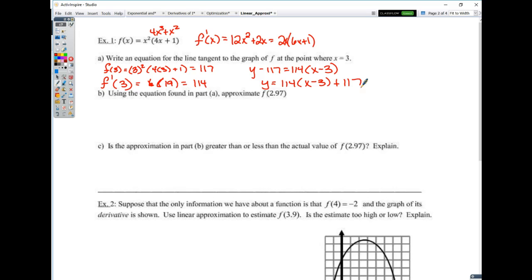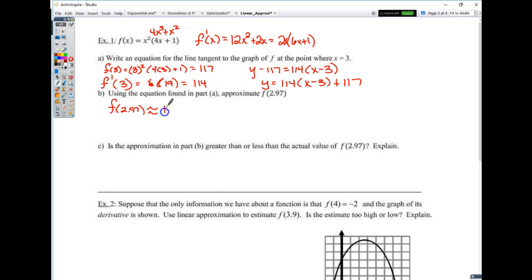Part B says, using the equation found in Part A, approximate f of 2.97. So I'm trying to figure out what is f of 2.97. I do not, under any circumstance, want to have to do 2.97 squared times 4 times 2.97 plus 1. So what I can say is that this is approximately, because 2.97, how close is that to 3? It's pretty close.